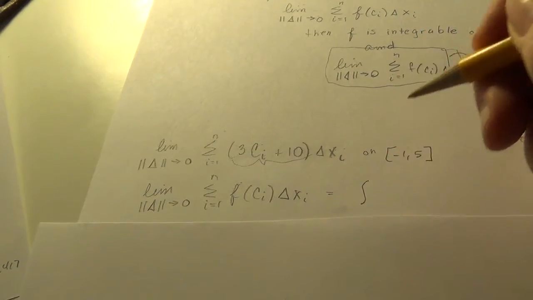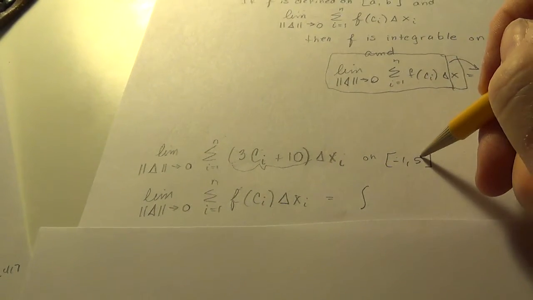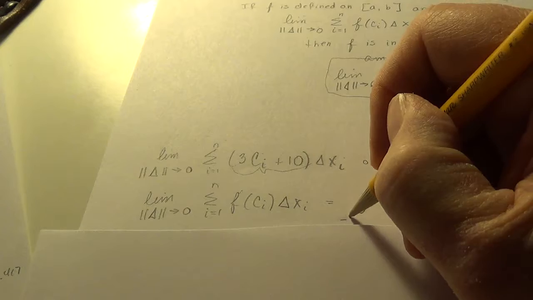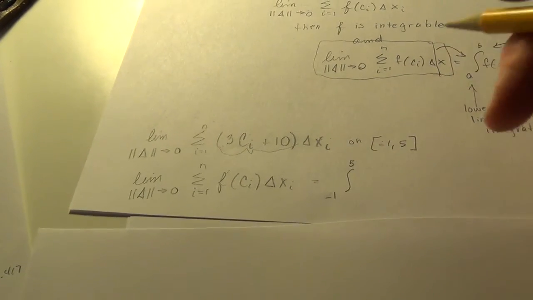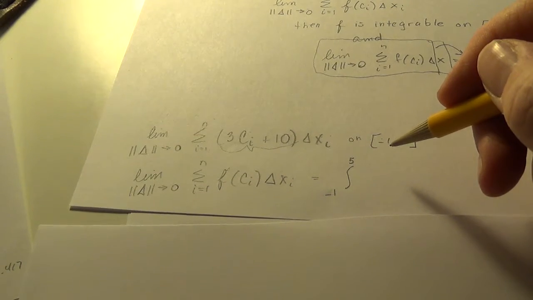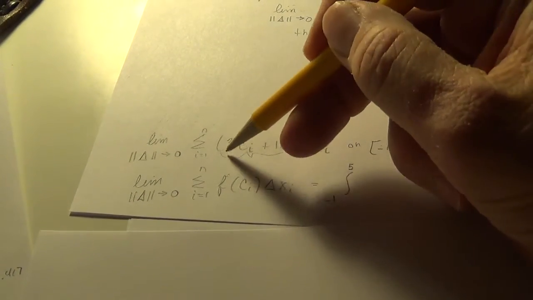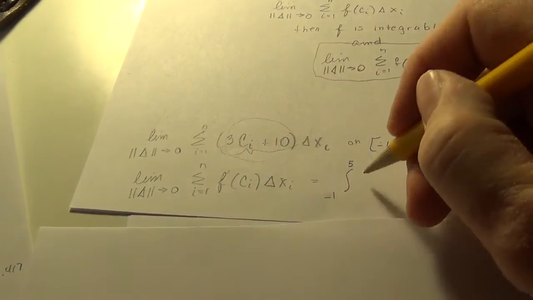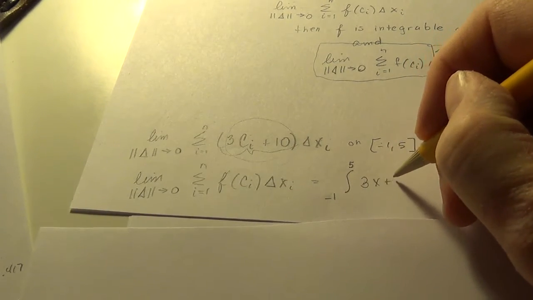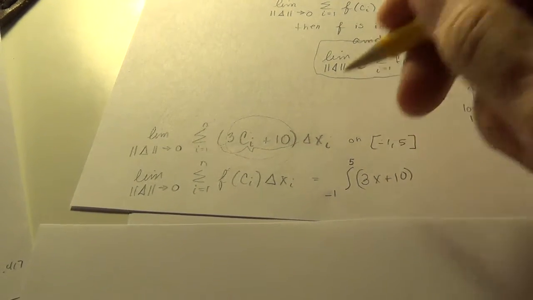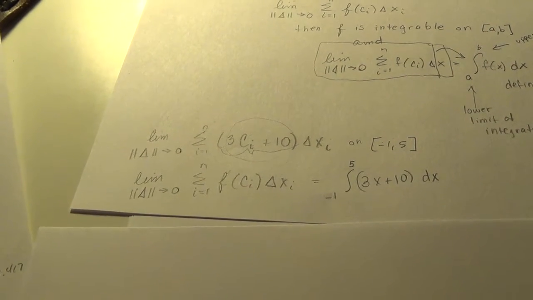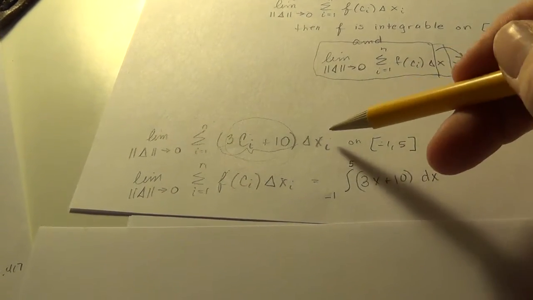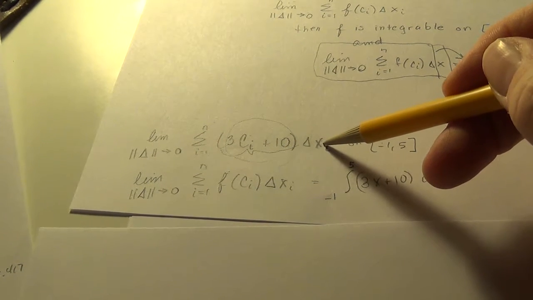It is equal to the integral from a to b, lower limit of integration, upper limit of integration, and the function following the integral sign is hidden in here, and it's 3x plus 10, and the change of x will go to dx, which is a representation of the width of the box in infinity.